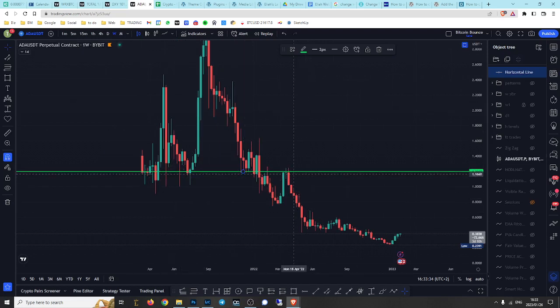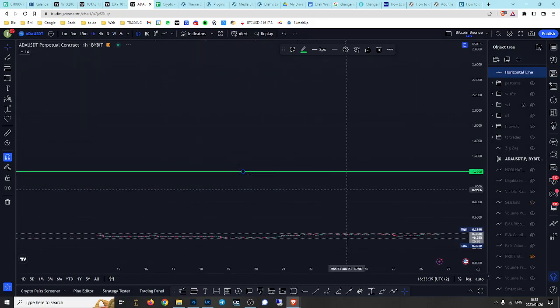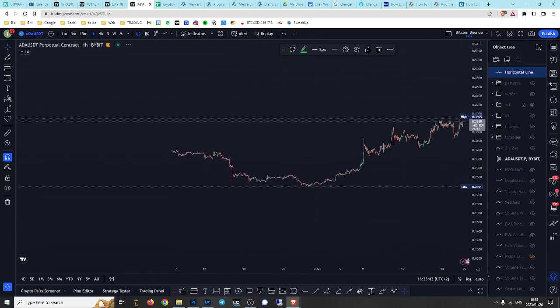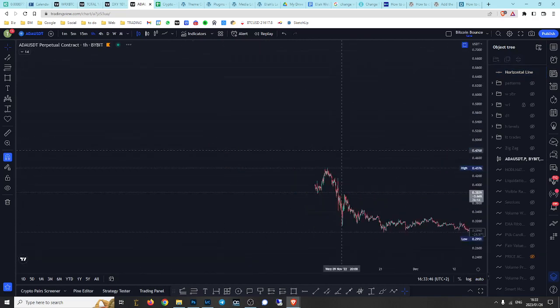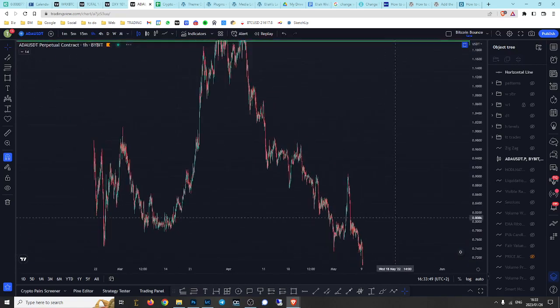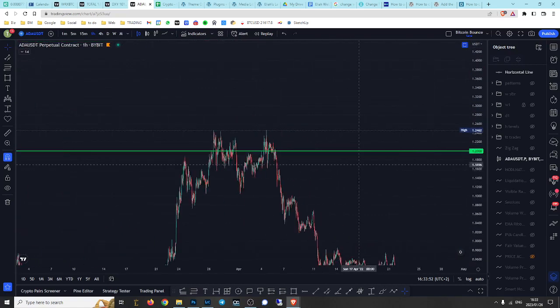It's not perfect on the weekly, but if you zoom in to the 1 hour, I just wanted to give you guys an idea. Let me just find where it was. There we go.